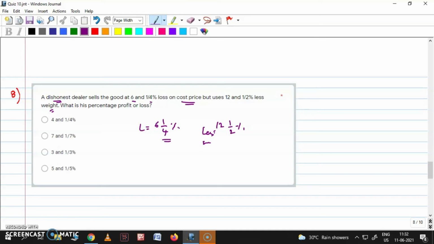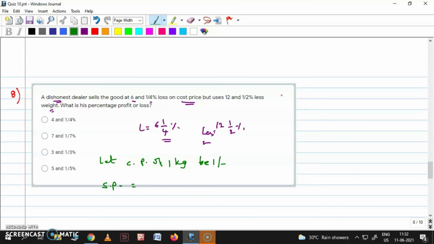First, let us take some cost price, some assumption we need to make here. Let the cost price of 1 kg goods be 1 rupee. If this is the cost price, what is the selling price?